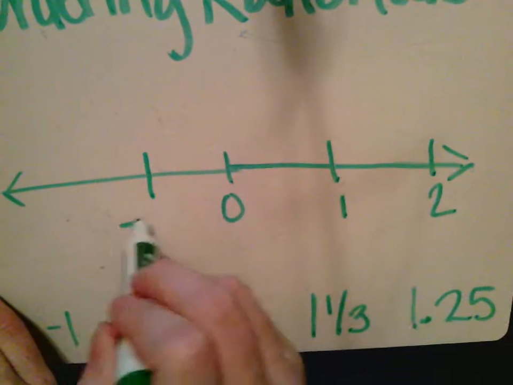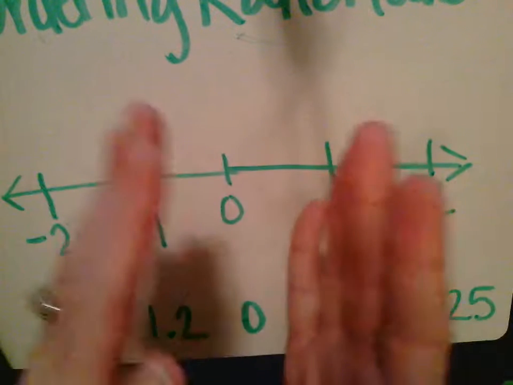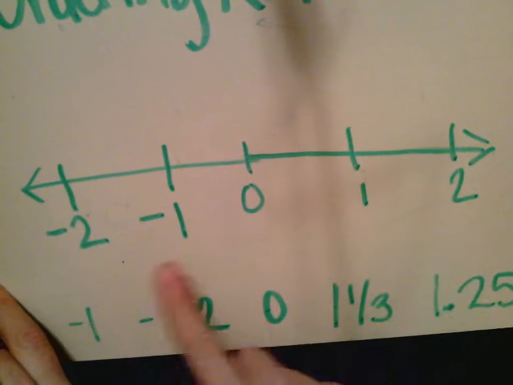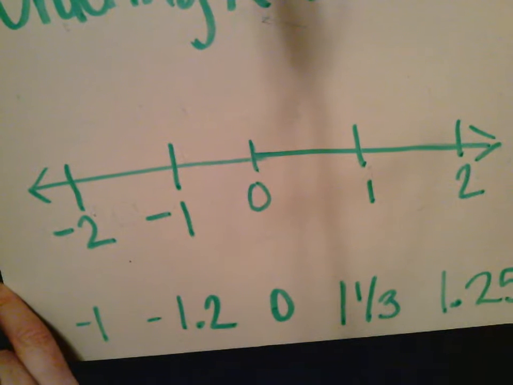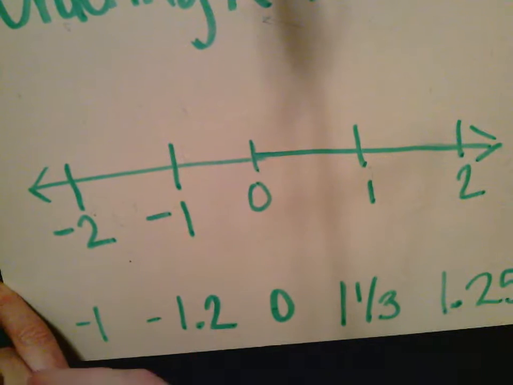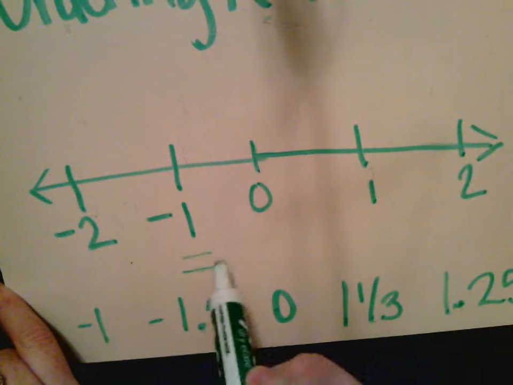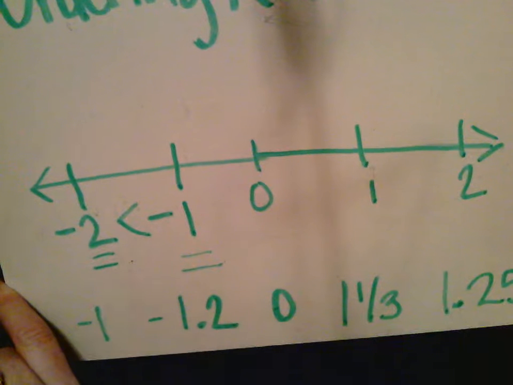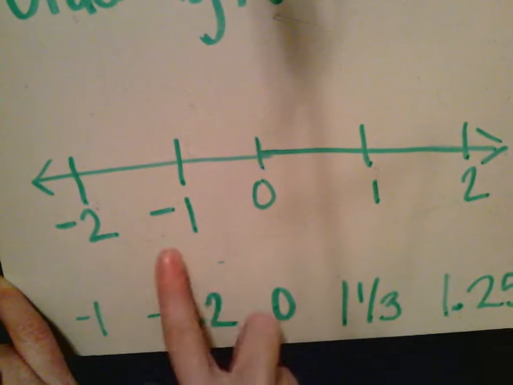Make sure that you know that it goes the opposite direction. If you folded this in half, it should match up exactly with its counterpart, okay? I've had people that labeled them like the same direction as positives. It goes the opposite way, okay? And then also what you need to know is that -1 is larger than a -2 because of the absolute value. But we will get into that later, okay?